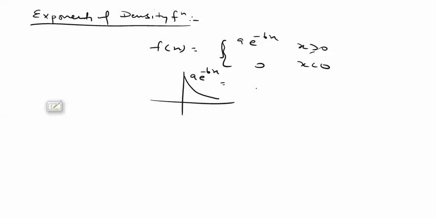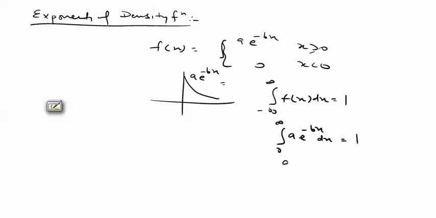For this function to be a PDF, the relation is that the integration of f(x) dx should be 1. Integral from 0 to infinity of a e power minus bx dx equals 1. So a upon b times e power minus bx from 0 to infinity gives a upon b equals 1.